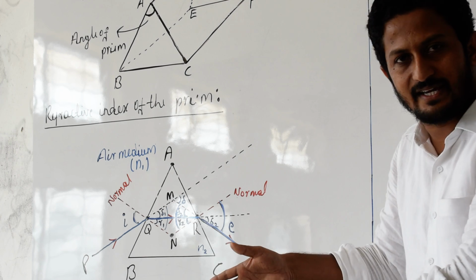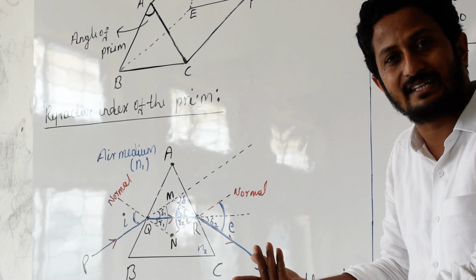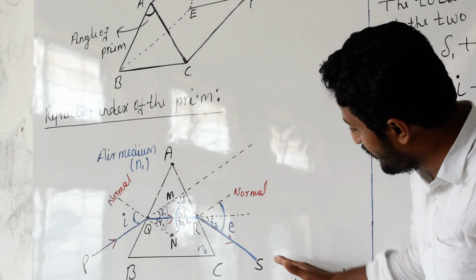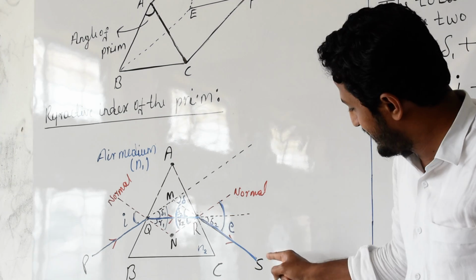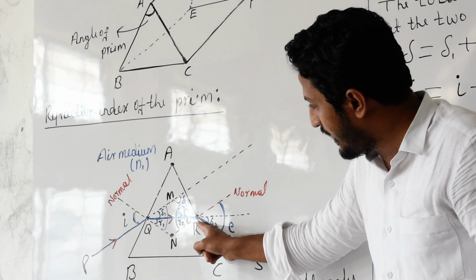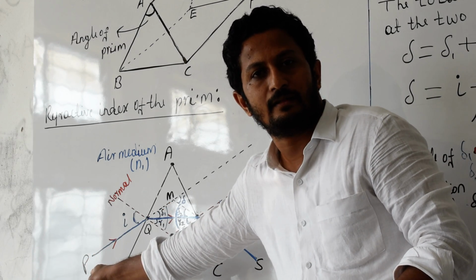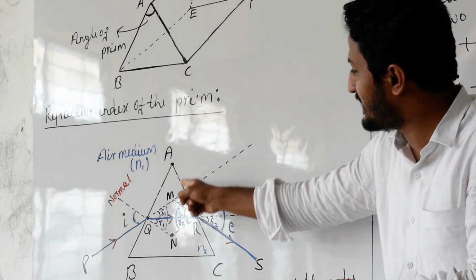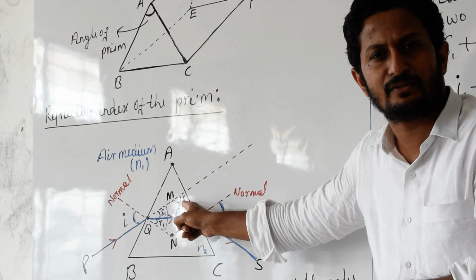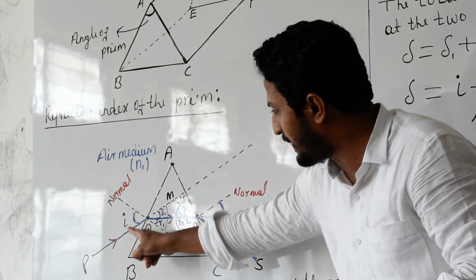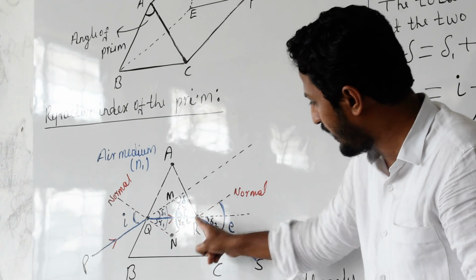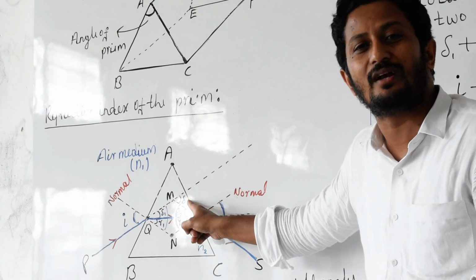If you reverse the case, light moves S to R, R to Q, then Q to P. Then also you get the same deviation. If you send along the path P to Q, Q to R, R to S, you get one deviation.